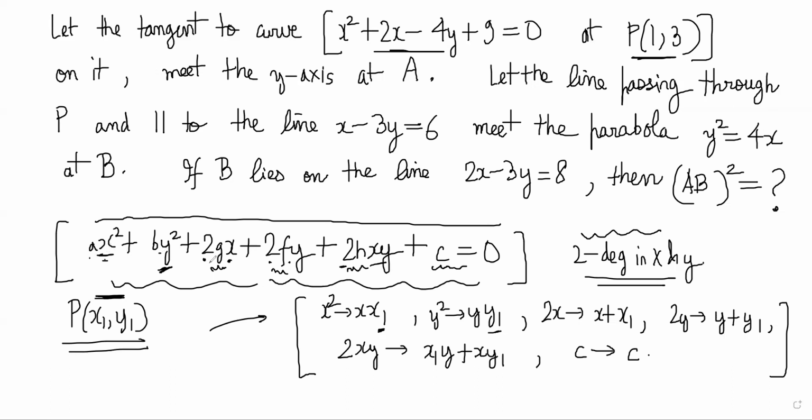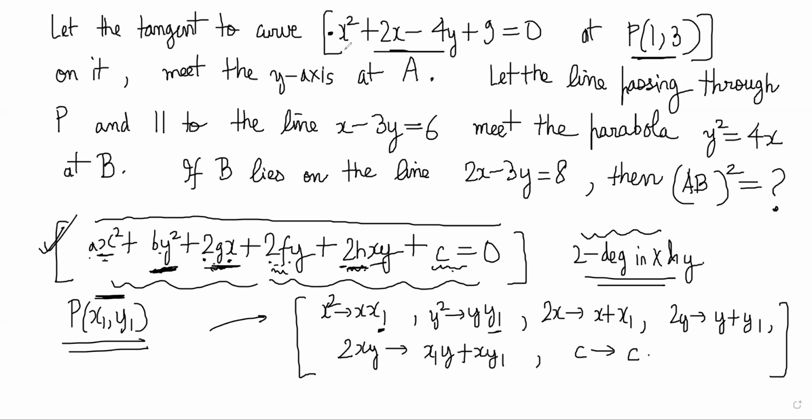Here A, B, F, G, H, C are all constants. For example, here A is 1, B is 0 because there is no y square term. G is 1, F is 0, F is minus 2, H is 0, and C is 9 here. Okay, sir, understood. It is just a general 2D curve.